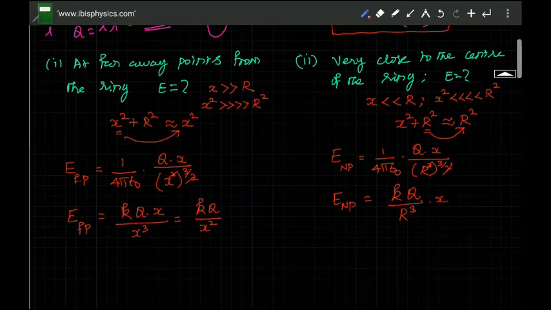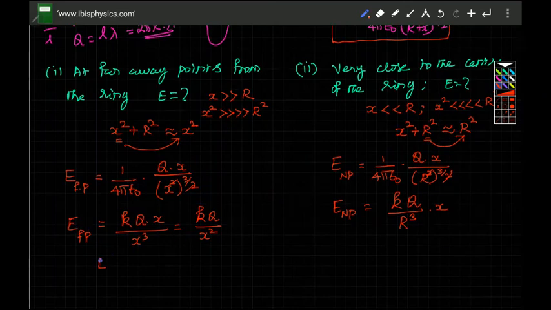Now you see, the electric field at a far away point behaves like a point charge, because for a point charge q at a distance x, the electric field is kq by x square, that means 1 by 4 pi epsilon naught q by x square. So the electric field at a far away point from the ring is inversely proportional to the square of the distance, which you should not forget.